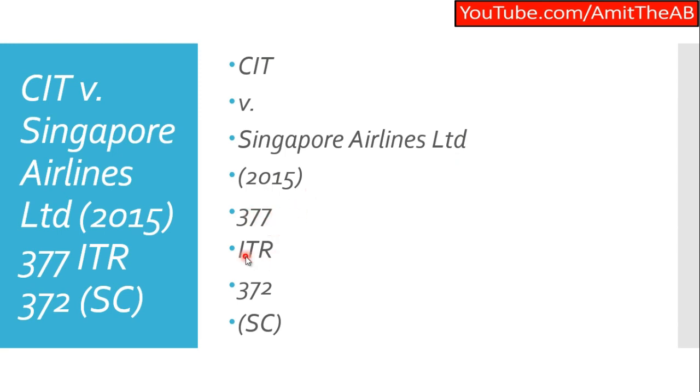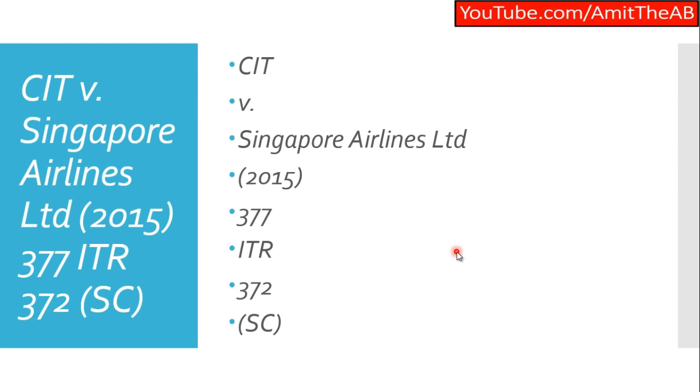ITR is the report, that is known as Income Tax Report. 372, that is the page number in which the case was written, and the adjudicating authority, Supreme Court. I guess now you would be having a fair idea of how a citation works for a case law.